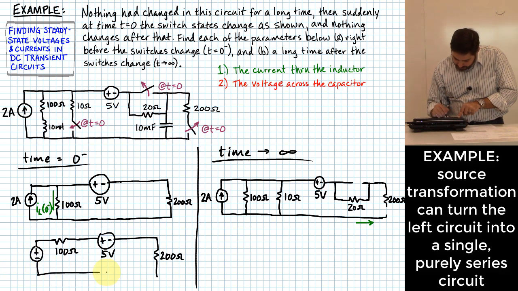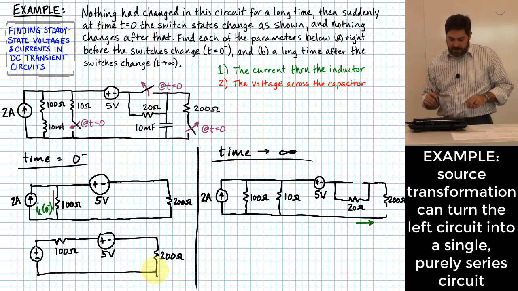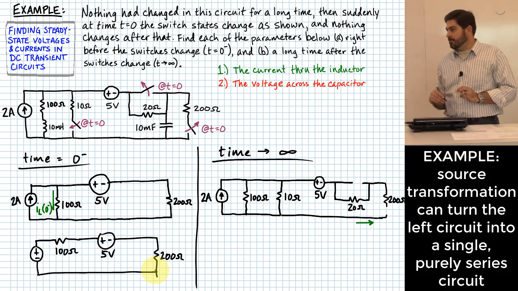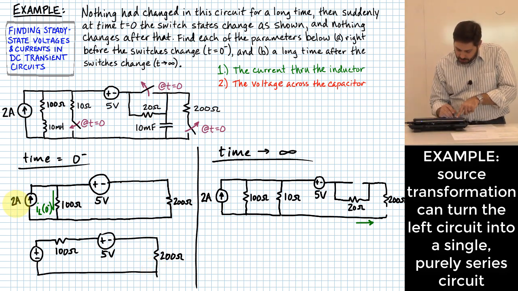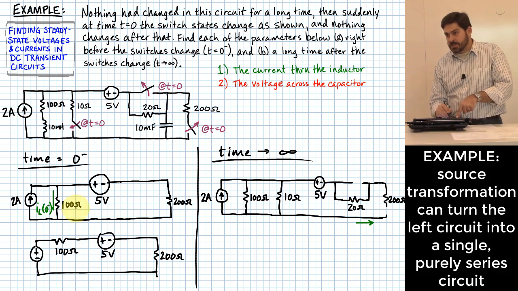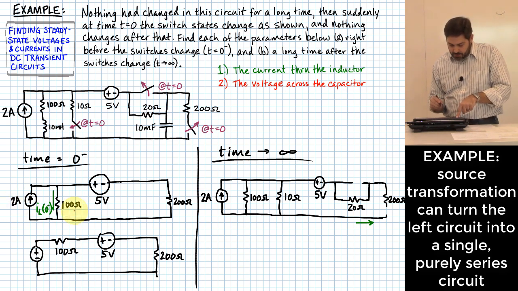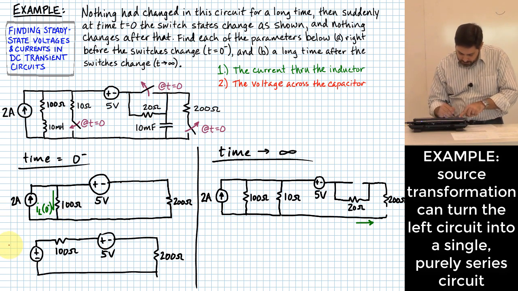The only other thing I've got to do to make that valid is pick the right value for my voltage source. How do I do that? I have a current and I have a resistance. You just take that current of 2 amps times the resistance of 100 ohms, and that gives you a new voltage. So 2 amps times 100 ohms equals 200 volts.